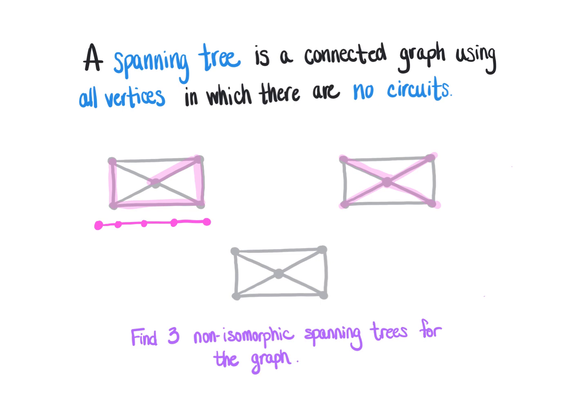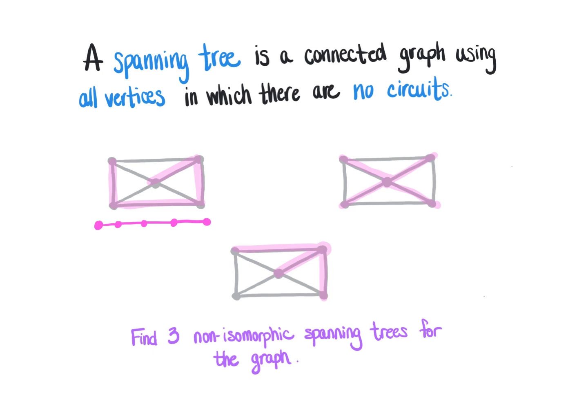And then if we could come up with another one, it might look something like this. Maybe we start here in the upper corner and we go out to one side. Maybe we go to that middle vertex and then we go down. So one of the things that you might notice is that this vertex here in the upper corner in our tree has degree 3.